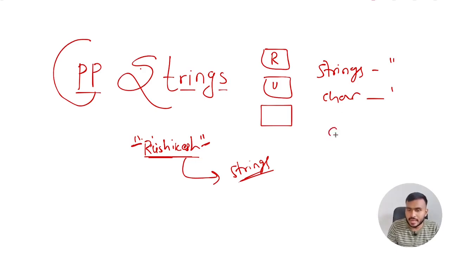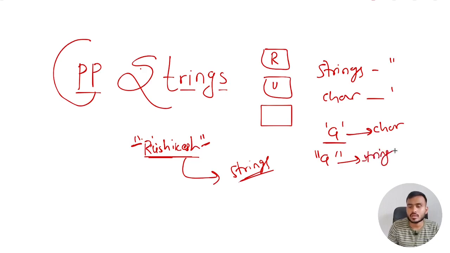If you write small a in single quotes, then this is a character constant. But if you write small a in double quotes, then it is a string constant. I hope you are clear with this point. In order to represent a string, we enclose a sequence of characters, or it can be a single character, in double quotes, and whenever you have to represent a character constant, you just have to enclose it in single quotes.